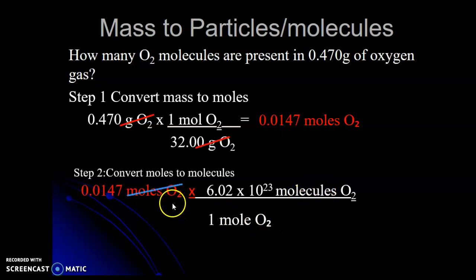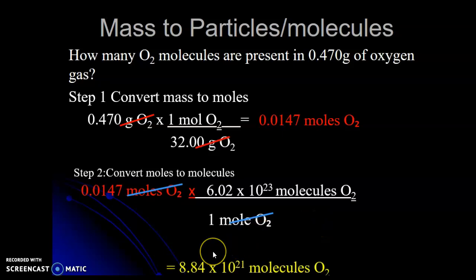Moles of oxygen will cancel mole of oxygen. So the unit left behind is molecules of oxygen, and that is what the question wants us to find. You multiply the top, divide by 1, and we see the same thing. The answer is 8.84 times 10 to the 21 molecules of oxygen.